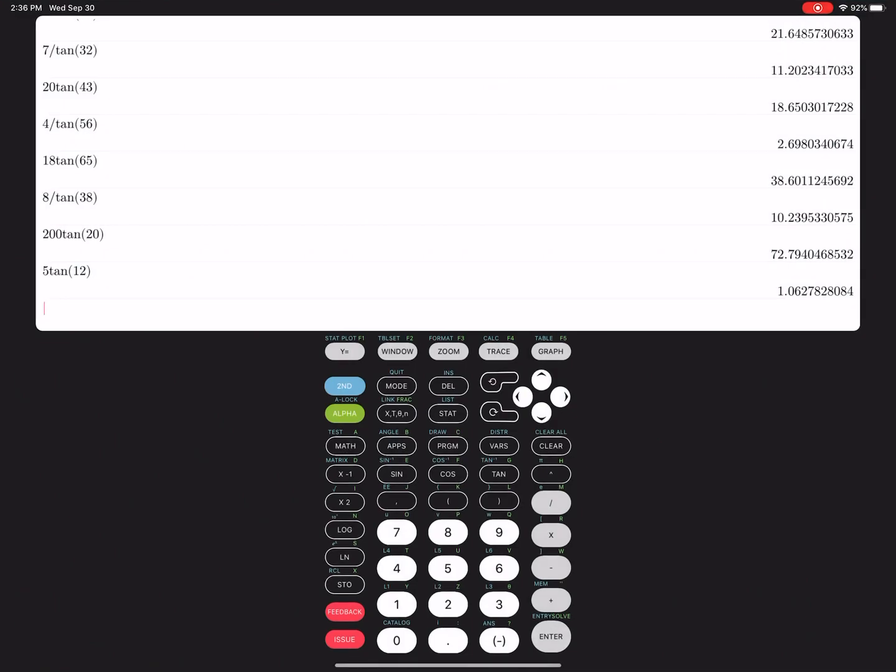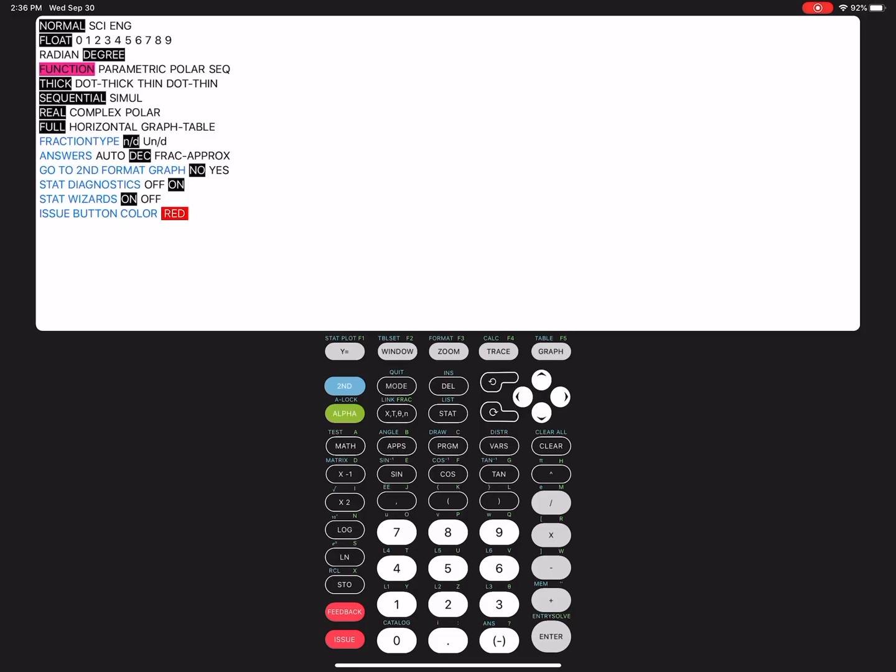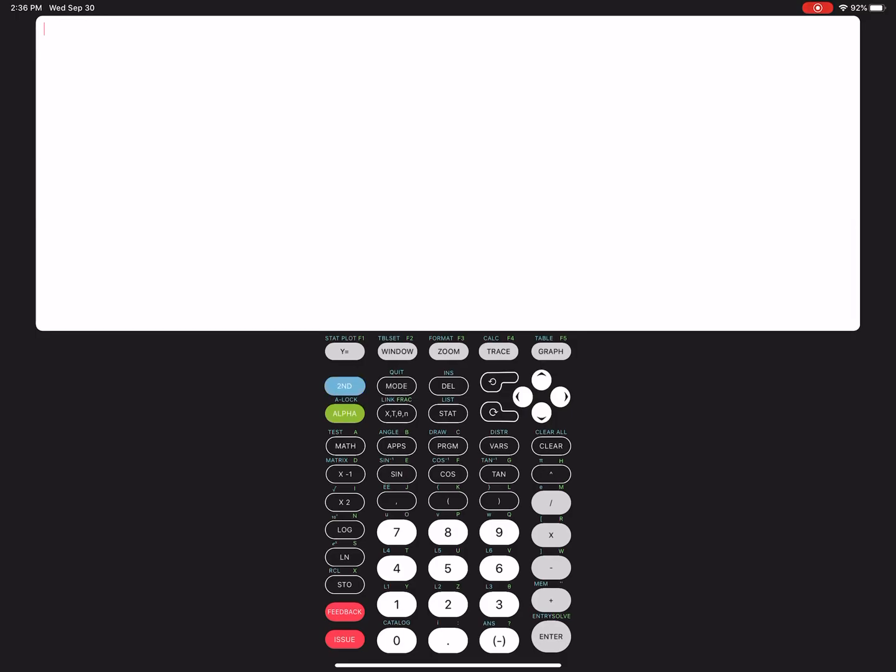Okay, so let's see here. We'll clear that out. And remember, like yesterday, you need to make sure your mode is in degree mode. Always make sure your mode is in degree. So you just hit the mode button. You go check 3 rows down. Where it says radian degree, make sure degree is highlighted. And hit second mode to get back out to your main screen.